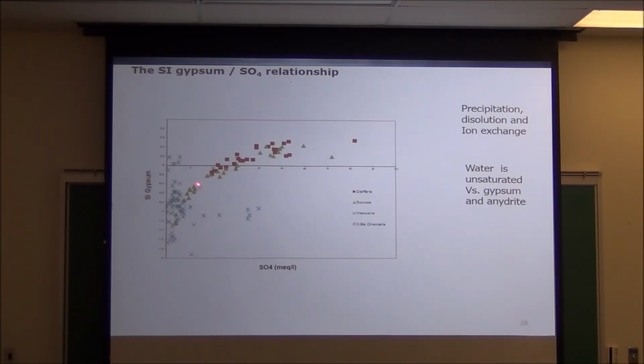That means this water is unsaturated with respect to gypsum. That means the water can dissolve the sulfate from the gypsum and contribute to the increase of the salinity. Also, we can see a progressive saturation versus the increase in the sulfate concentration.